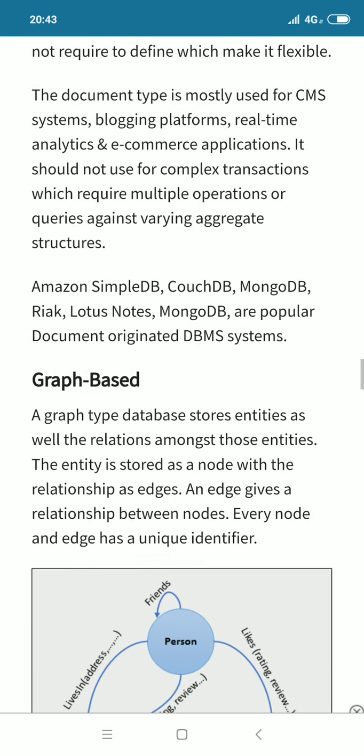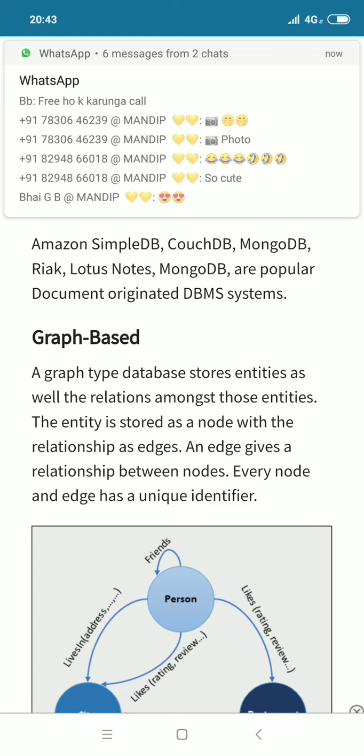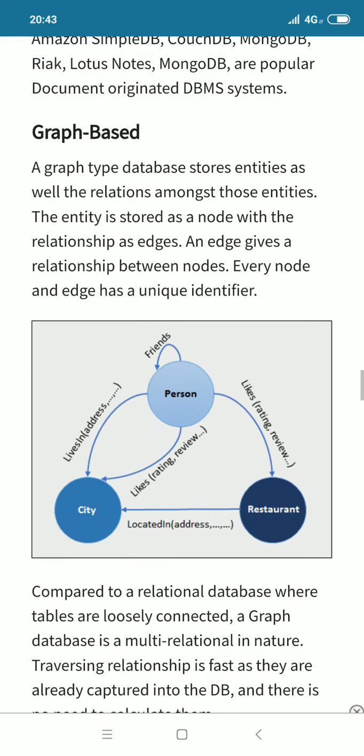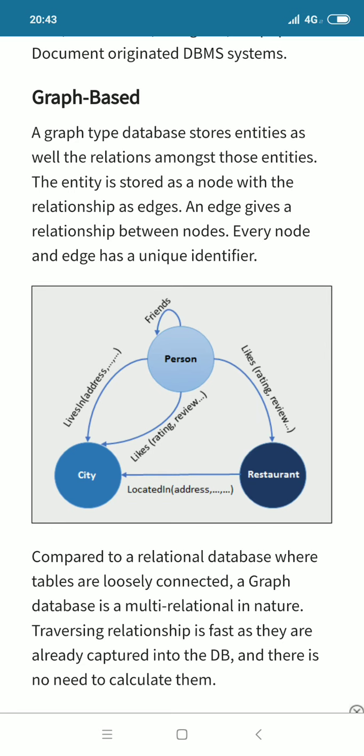Graph based NoSQL database is a graph type database that stores entities as well as the relations amongst those entities. The entity is stored as a node with the relationship as edges, and edges give a relationship between the nodes. Every node and edge has a unique identifier, right?